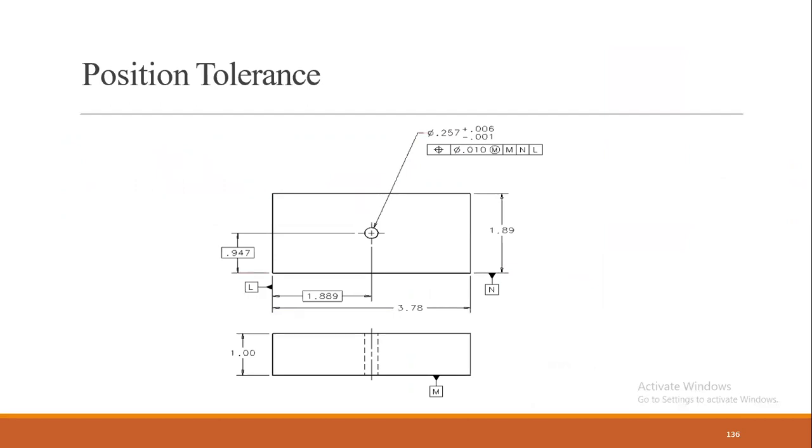Then position. If I have a single plate and I want to create a hole in the center, here we have the dimensions in X, it's 1.889, and in Y, it's 0.947. But for some manufacturability, if you don't have the skill, then a deviation is acceptable. How much?